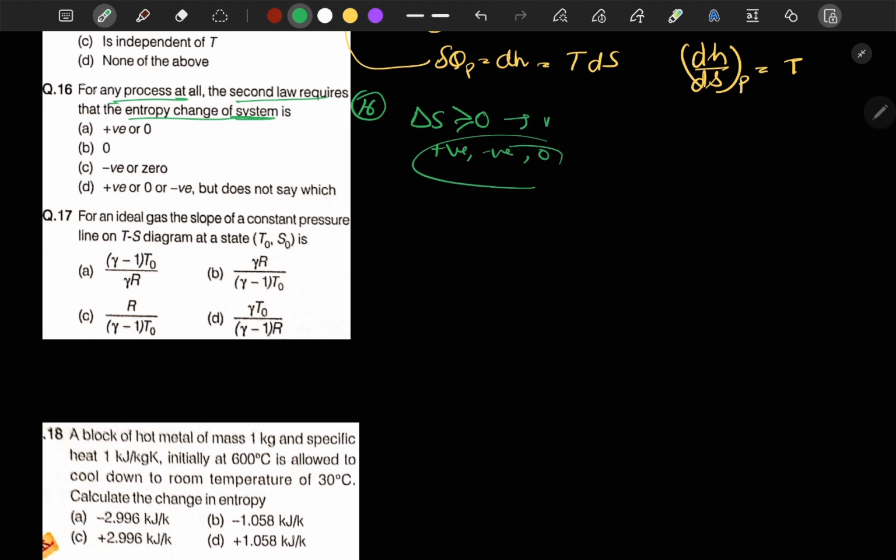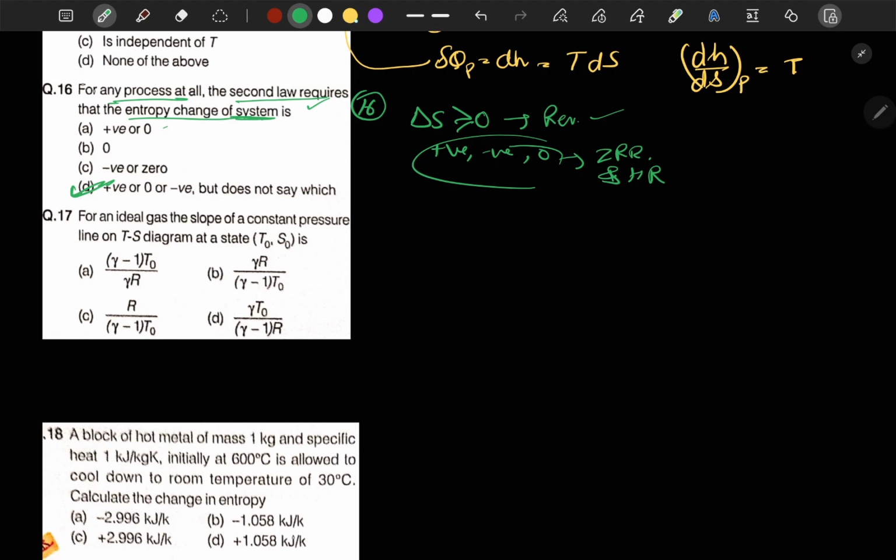This is in case of irreversible and along with heat rejection. If there is variance of heat rejection, then the entropy change might be positive, 0, negative. And since it isn't mentioned whether it is reversible or irreversible, we will go with option D. Now let's say that if it is mentioned that the process is reversible, the option would have been A.